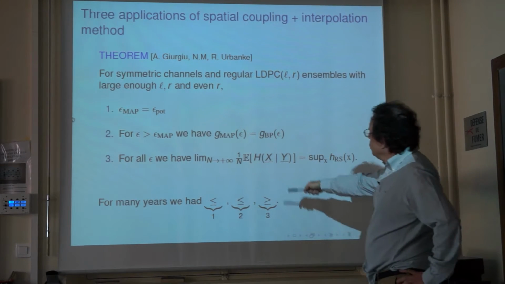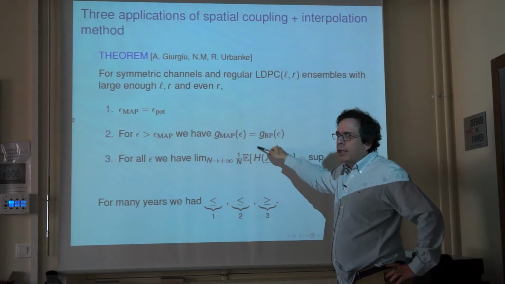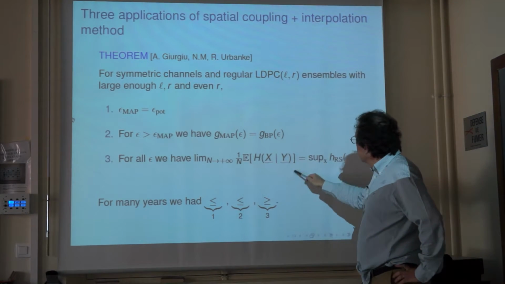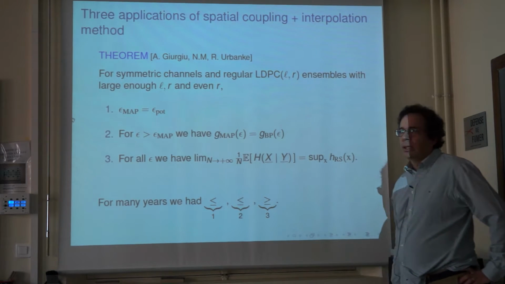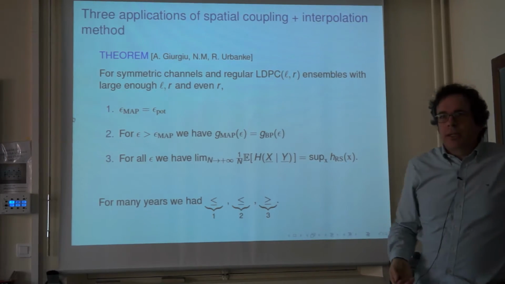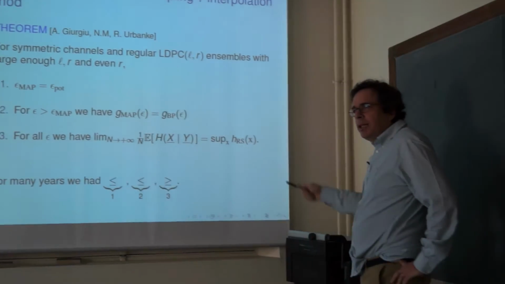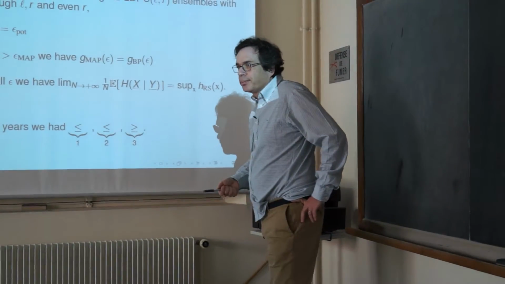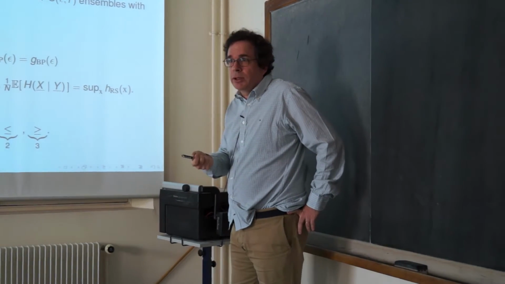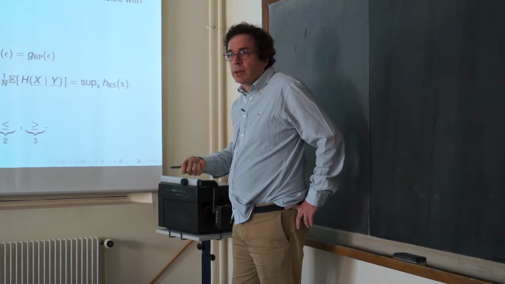We also knew that there was an inequality in this direction, okay? And we also knew that there was an inequality in this direction. And in fact, these three inequalities were all the same inequality. And it was frustrating for 10 years not being able to prove the converse bounds, okay? So this is where spatial coupling enters, to prove the converse bounds.